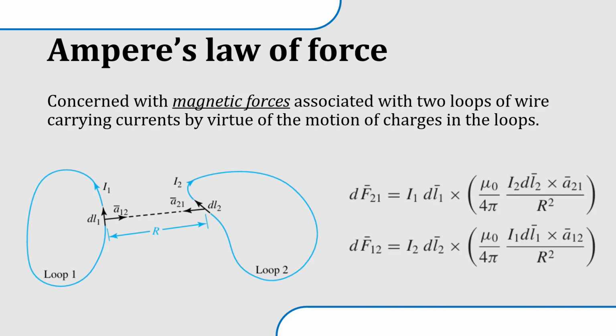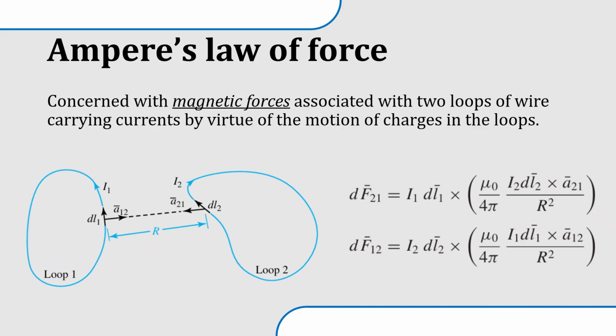There are 2 formulas that we are representing here, the differential magnetic forces experienced by the differential current element due to the currents 1 and 2 respectively. And we're going to dive into what these values mean and what the formula interprets. So dl is the differential element for either loop 1 or 2. The a variable is the unit vector along the line joining the 2 current elements.